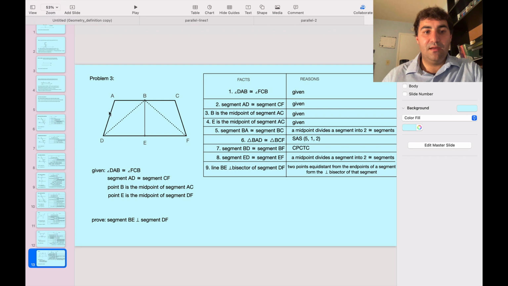And we know that segment AD is congruent to segment CF, and angle A is congruent to angle C. So we can apply side-angle-side to statement 5, statement 1, and statement 2: side, angle, side. So we get that triangles BAD and BCF are congruent.